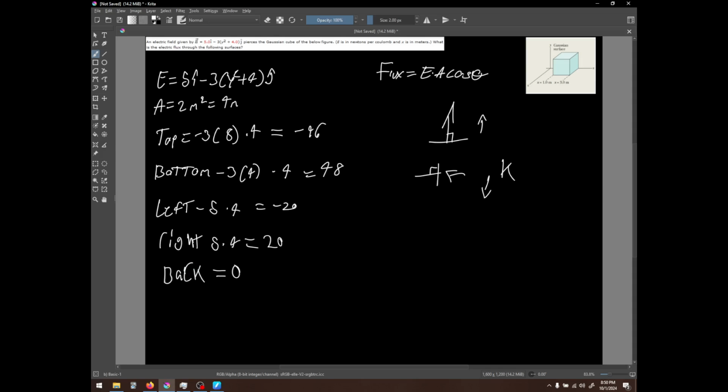And now the net. Now the left and right cancel. So it's just going to be negative 96 plus 48. I'm assuming the front and back don't cancel. Are we even asked what the front face is? Nope.